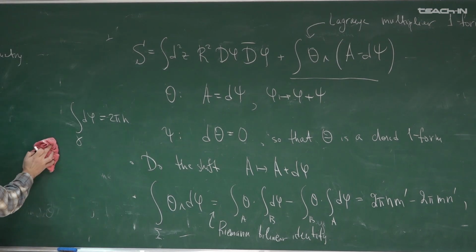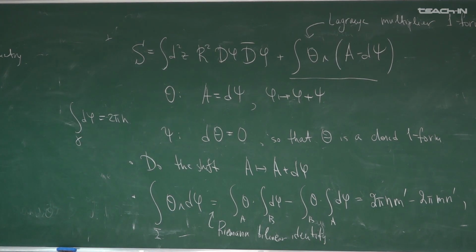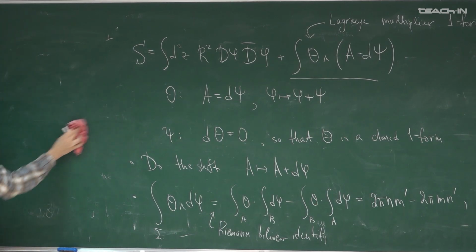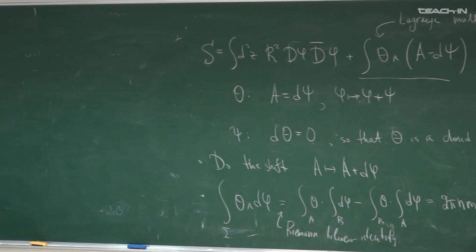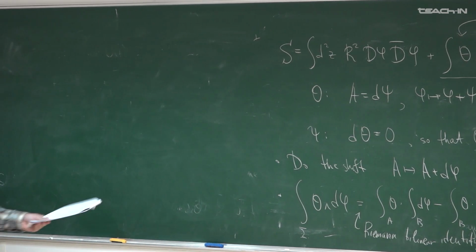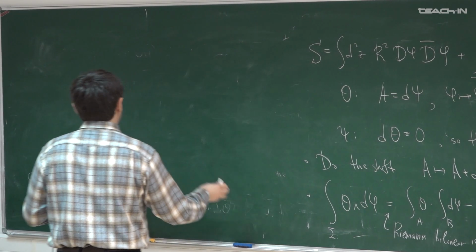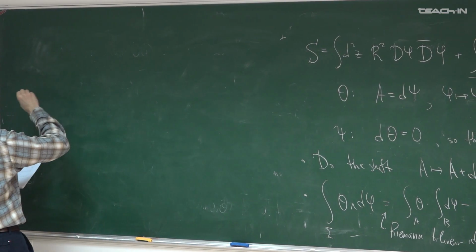when computing the partition function, we're meant to sum over all these winding sectors. So we're actually summing over n and m. And these sums will produce the following.